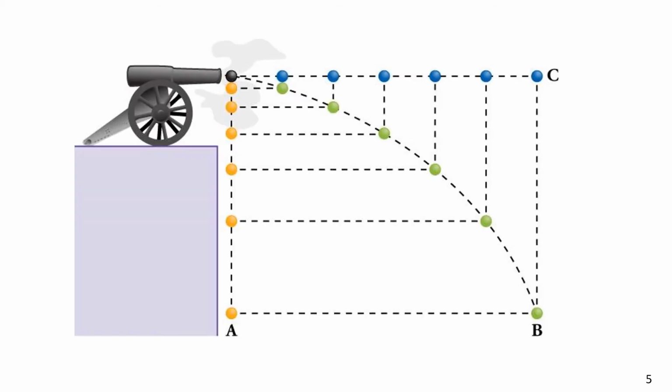Well, look, something like this. We can see this is describing the arc of a projectile as it comes out. It's moving very quickly to the right, but then it is pulled downward. It's accelerated downward by gravity.